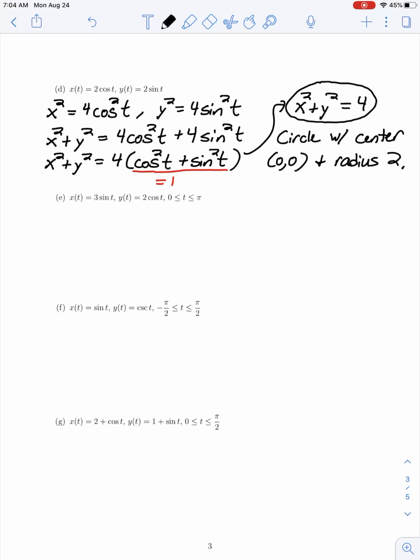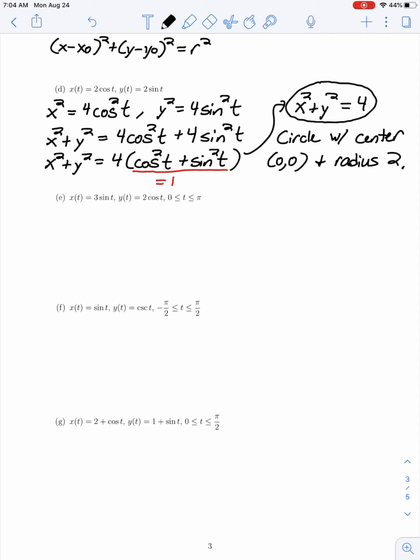Recall the standard form for the equation of a circle is x minus x naught squared plus y minus y naught squared is equal to the radius squared, where the point x naught, y naught would be the center of our circle, and r is our radius. So we see that this particular equation represents a circle centered at the origin and of radius 2.